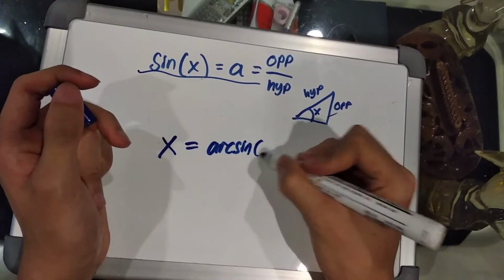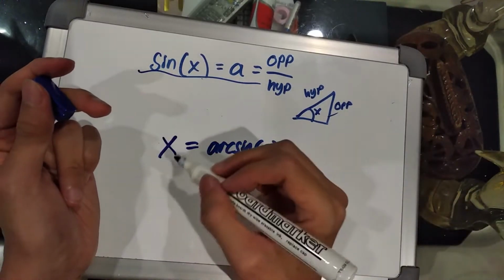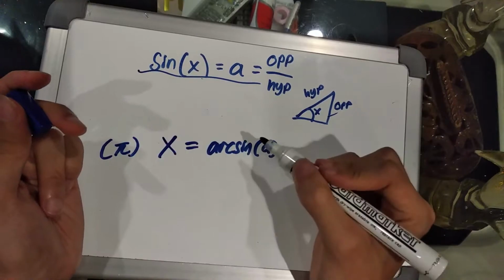So now we have what appears to be something more useful. x here is an angle in terms of pi.